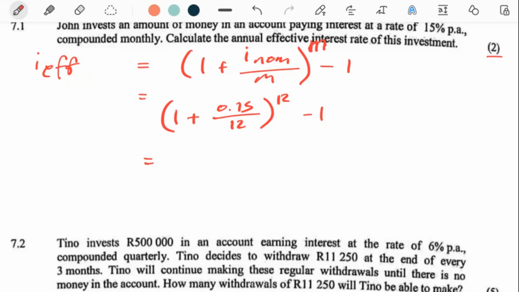This is giving us a total of 0.1608, and then rounded to 2 decimal places is 16.08%.